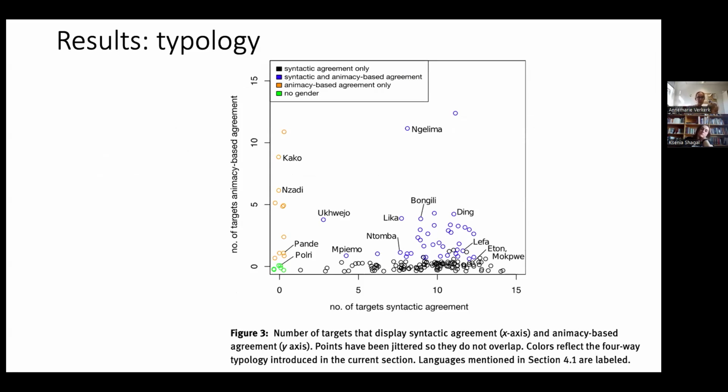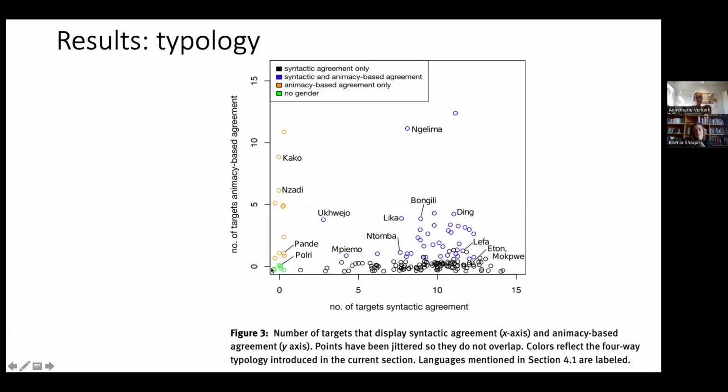And what we are doing here is plotting what variation looks like. So we have here the number of targets that take syntactic agreement, right? So Mopwe, here are Iton and Lefa, they take lots of targets for syntactic agreement. And then on this side, we have the number of targets that take animacy-based agreement. So here you have Nzadi and Kake. And then here we have very few languages that have no gender left at all, right?